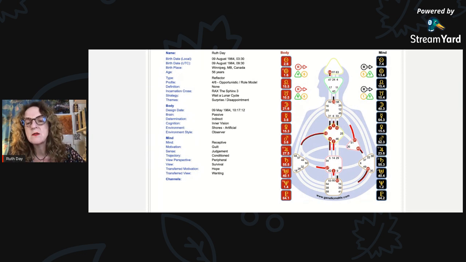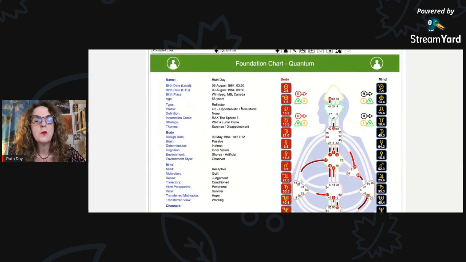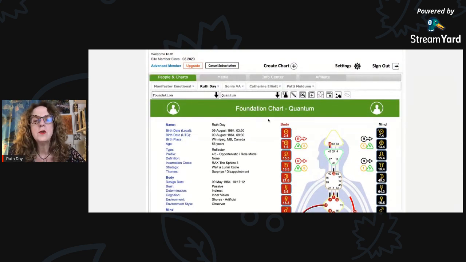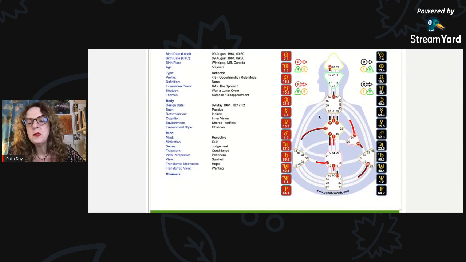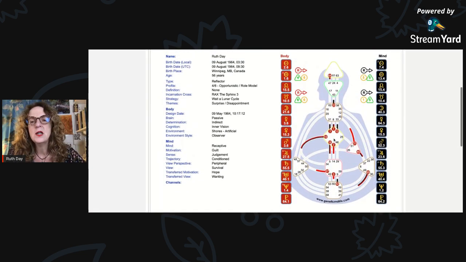So see, I have lots of gates, but no channels. All right, so throat, G center, ego center, solar plexus, sacral, spleen, and root. Okay? So that's what will make you a different type. I'm going to show you the different types of charts. Mine's a reflector. It's really easy to see because nothing has definition. Nobody's colored in.